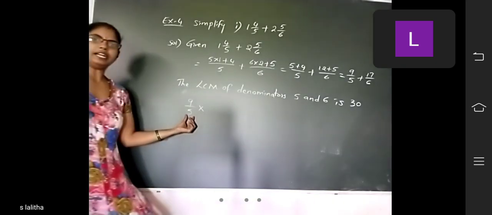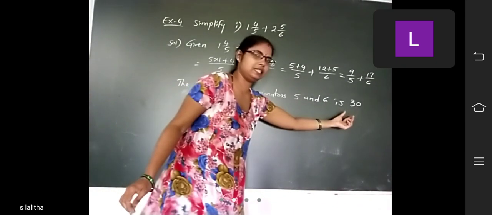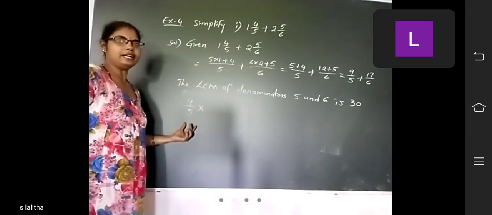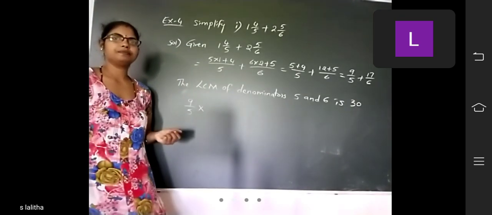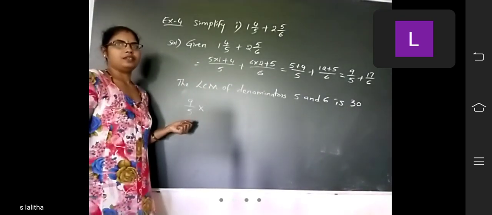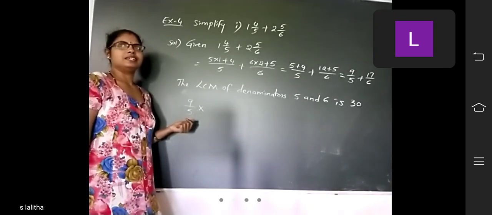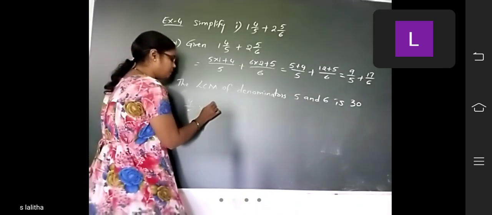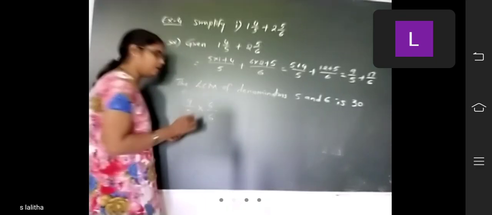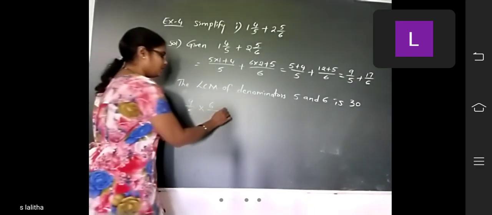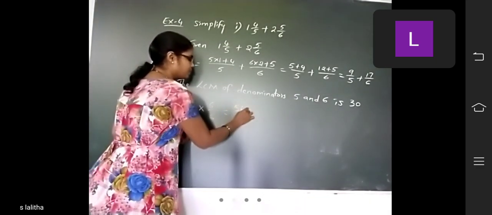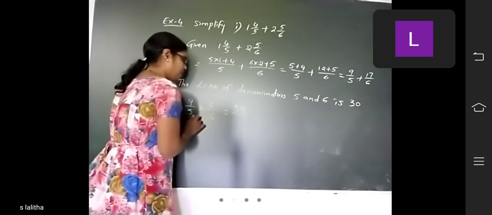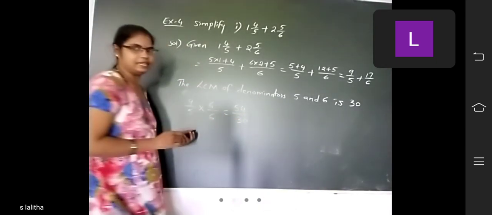Okay. Now multiply. Here denominator is 5. Here LCM is 30. So in the 5 table, how many times 30? 6 times. So you should multiply both numerator and denominator by 6. So 9 6s how much? 54. 5 6s how much? 30.